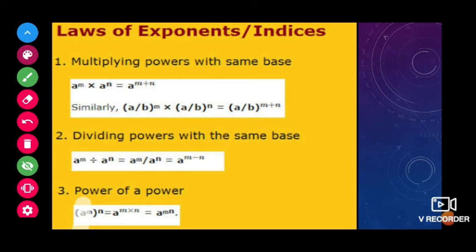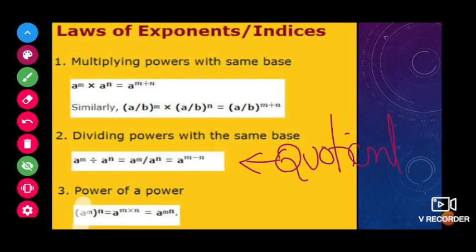Next one, dividing with the same base. This is called the quotient law. Whoever listens carefully will come to know. Here I did not mention the name of the law. Whoever listens to the video properly will come to know the name of the law. So you will check who writes the law names correctly in your classwork. This is called the product law.